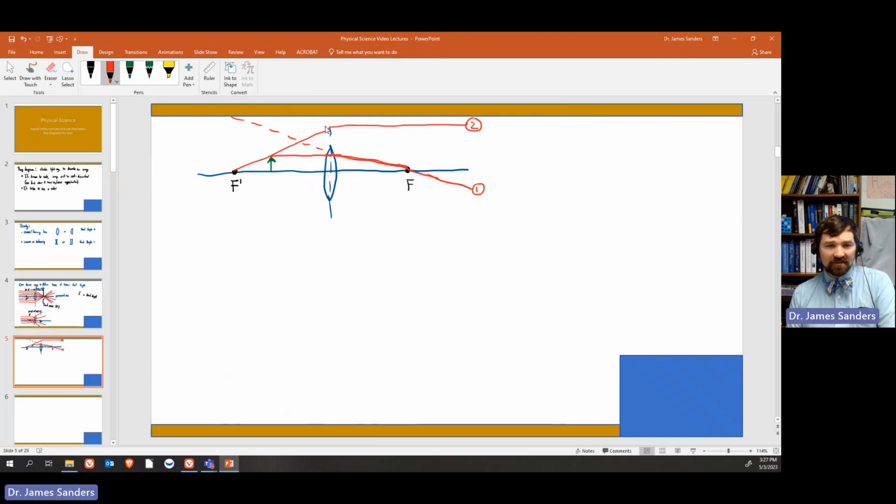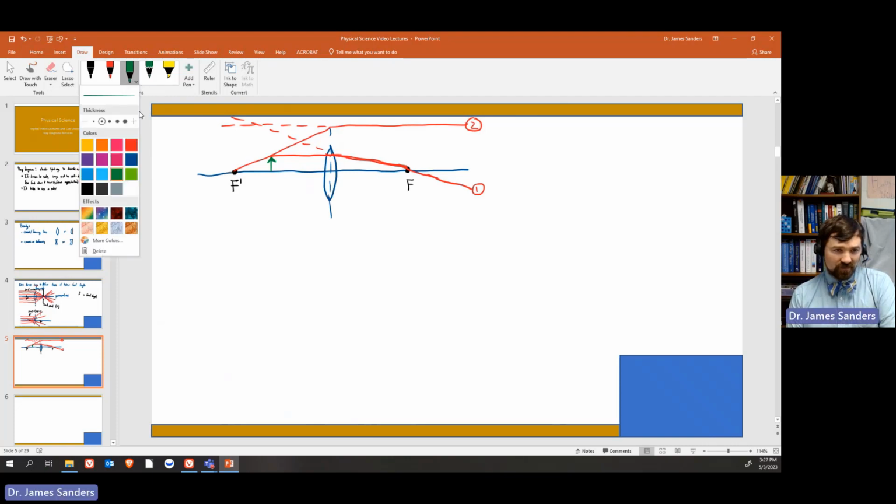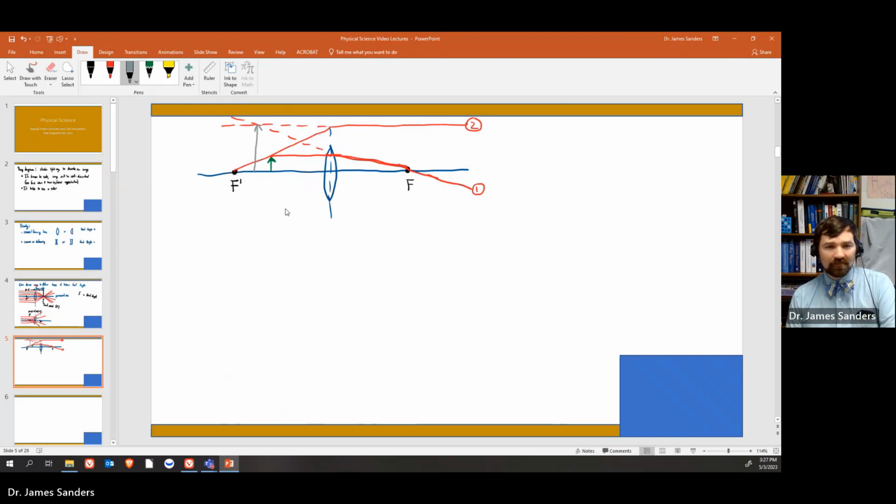And I have to backtrack this one with a dashed line like so. Where these two dashed lines intersect, that's where my image is being formed. And I'm going to draw the image in gray. Okay. So I may actually have made this a little too steep, by the way, but this is my image.